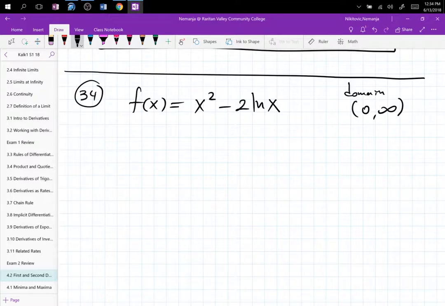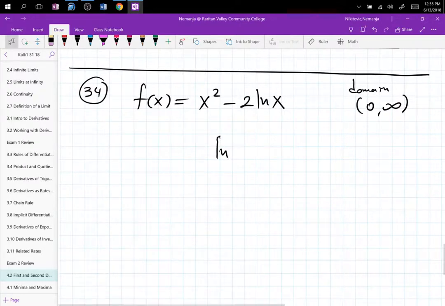Now, let me just write this and then I'll erase it. Ln of absolute x would allow for negative numbers, but it will still kick out 0. You have a vertical asymptote of ln x at 0, whether it's ln x or ln absolute x.